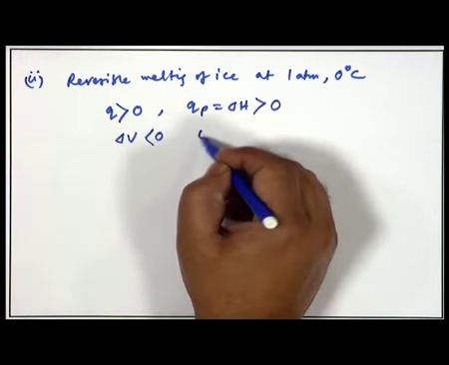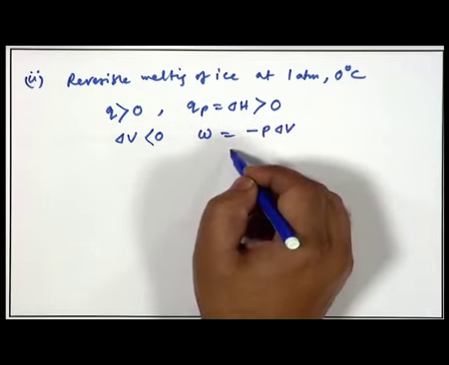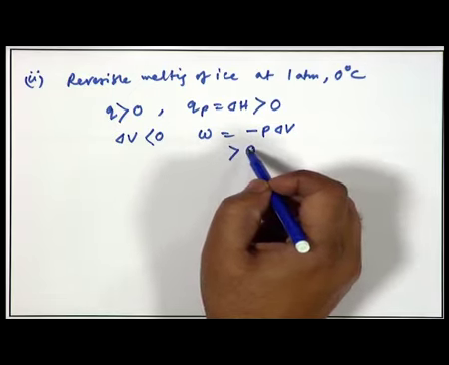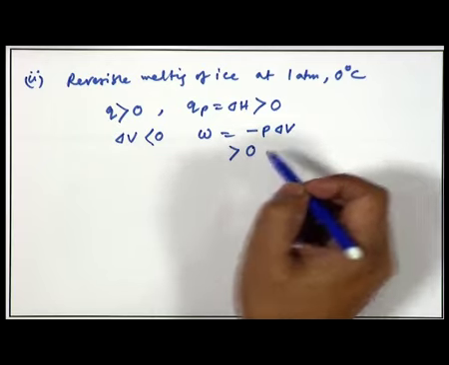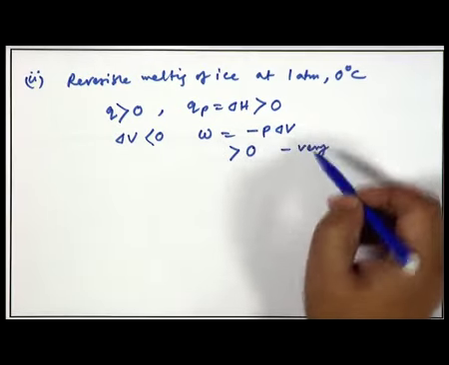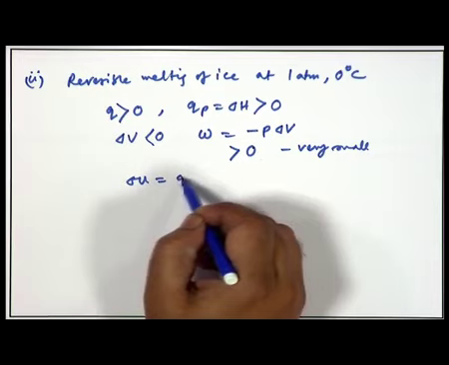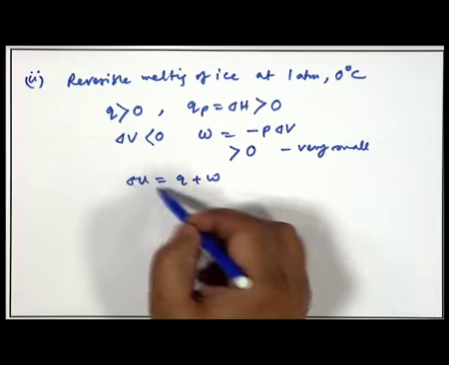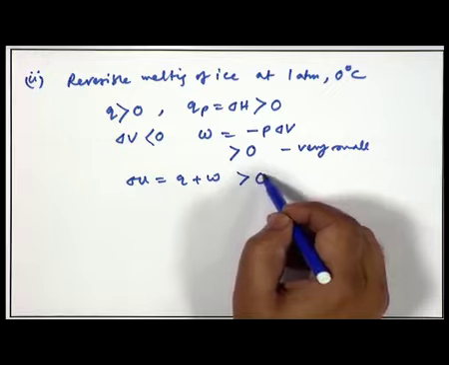So w is minus p del V, and w should be a positive number, because the volume decreases. But w is a positive quantity that is very small, as we talked about for solid and liquid. So del U is q plus w, and since w is small, the sign of del U should be the same as q. So del U should be greater than 0.